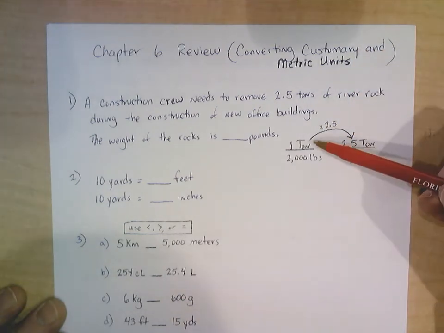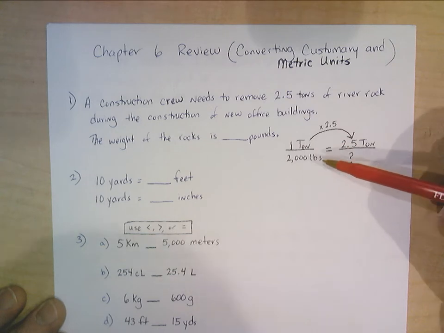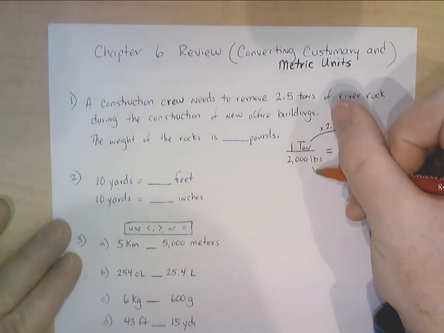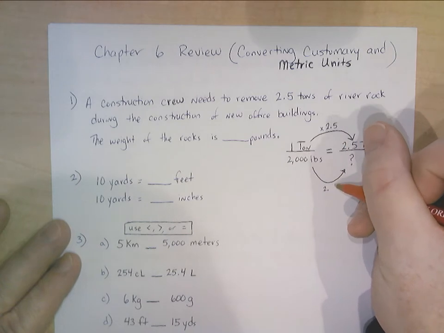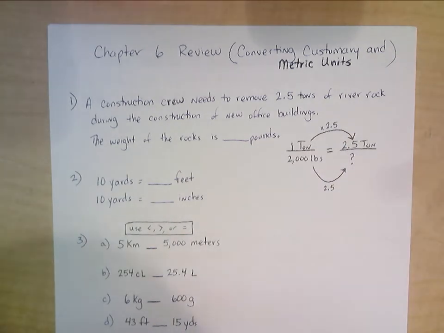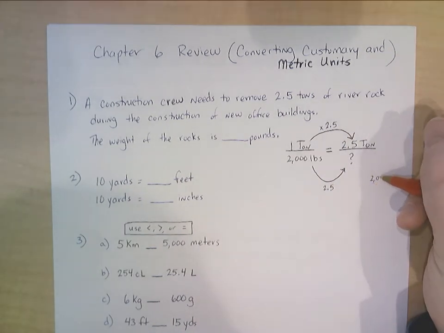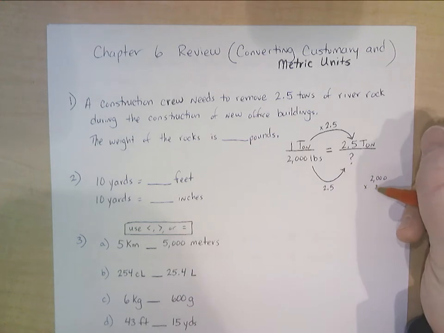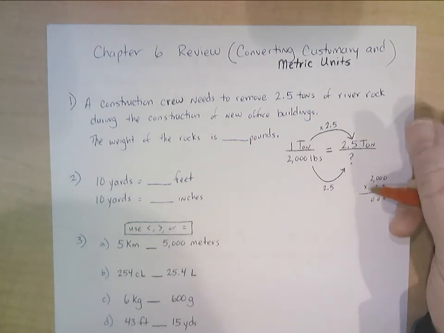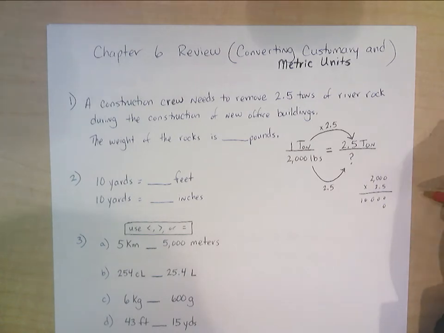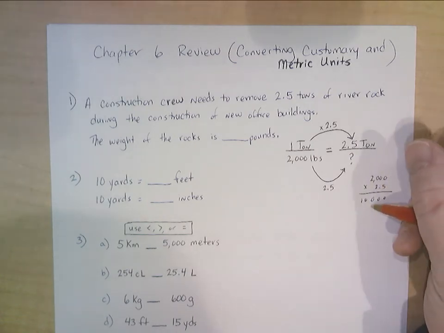So whatever I multiply the top by, we have to multiply the bottom by the same exact number. So I'm going to multiply the bottom as well by 2.5 to get our answer of how many pounds that is. And then we multiply that. Zero, 0, 0, 10. Add a 0. 3 zeros.